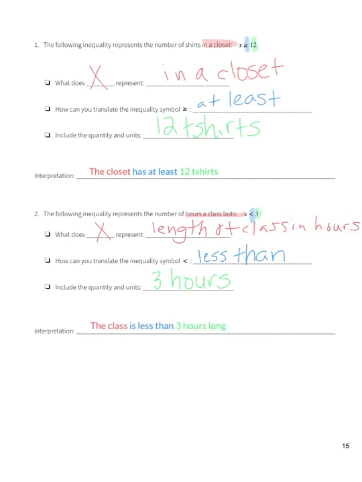Okay, perfect. So when you're reading your interpretation and you're comparing it to this, you should be able to see, like, oh, here's my less than symbol, here's my 3, what does my X represent? Oh, it's the class length, so then you just put it all together. The class is less than 3 hours long. Perfect.